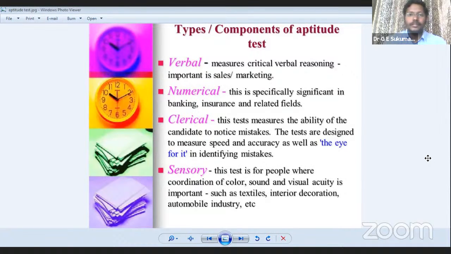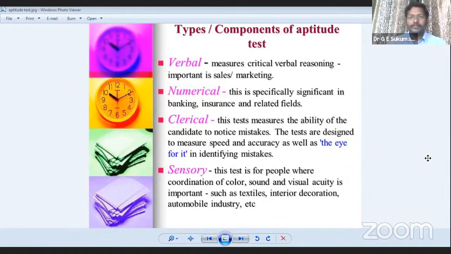Then numerical. This is specifically significant in banking, insurance, or related fields. The one who is good at numerics, as we talked about calculations. We make use of certain statistical packages for doing analysis, and some people are very good at it. So generally, the one who is good at numerical analysis can fit into banking, insurance, and related fields.